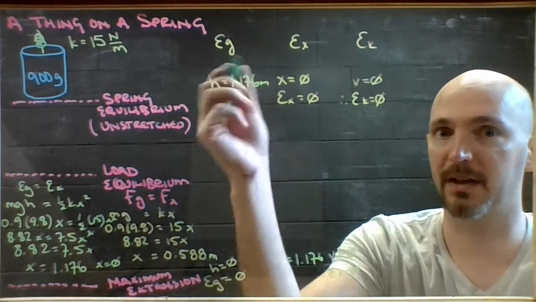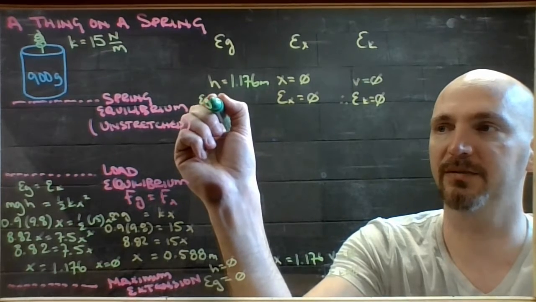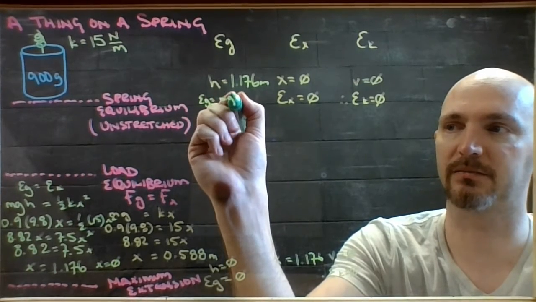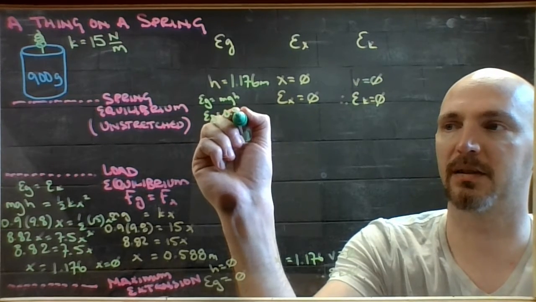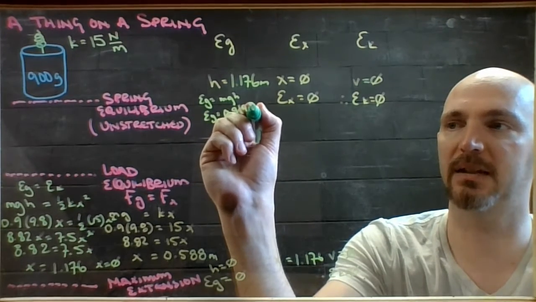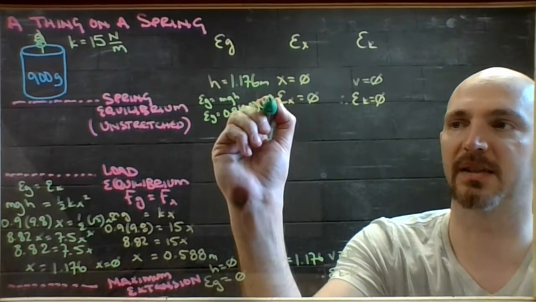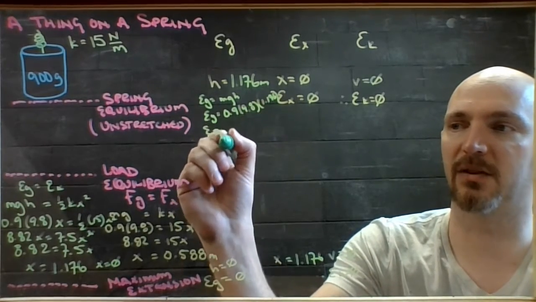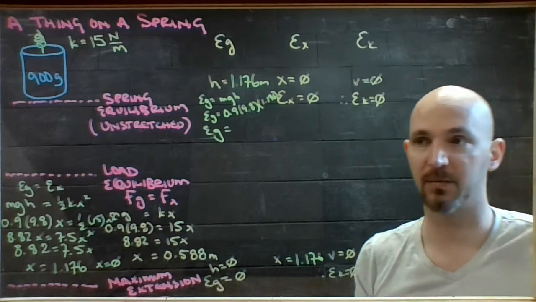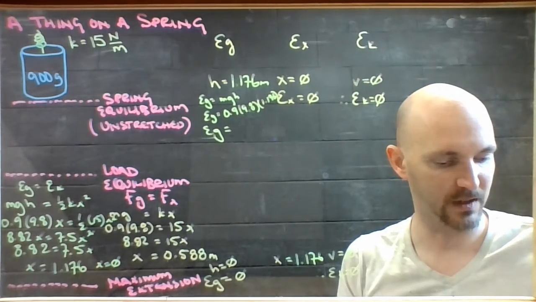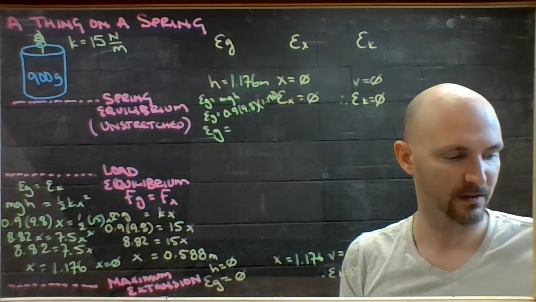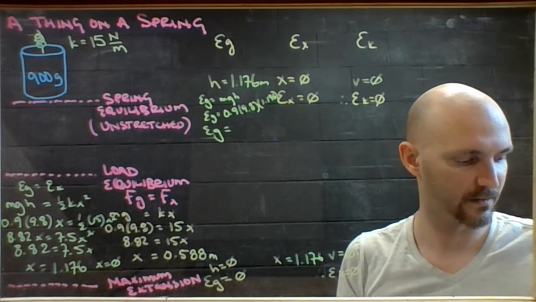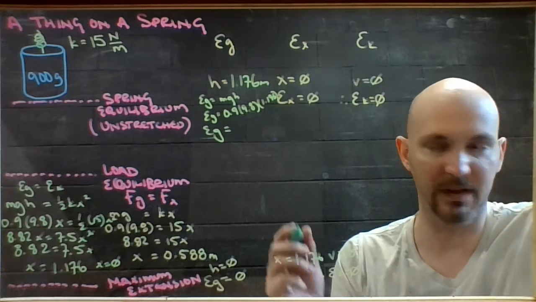So up here I can calculate a gravitational potential, mgh, which will be 0.9 kilograms, 9.8 times 1.176 gives me a grand total of 10.372 joules.